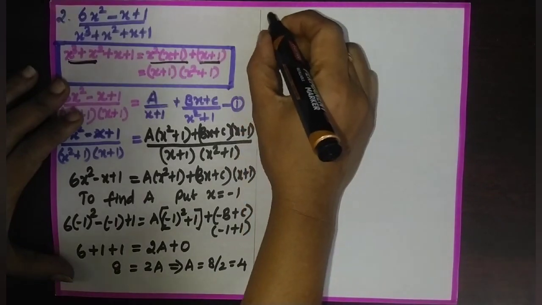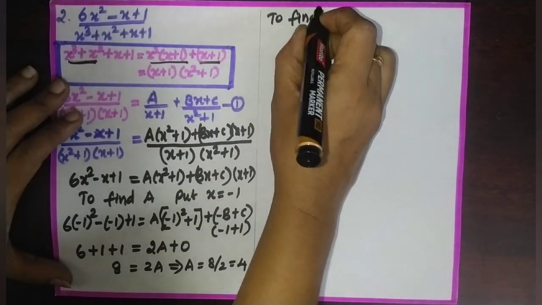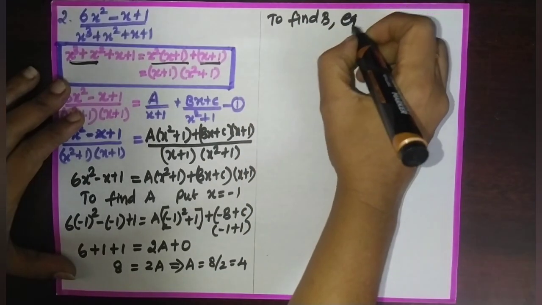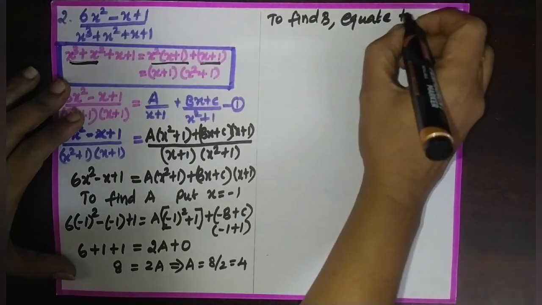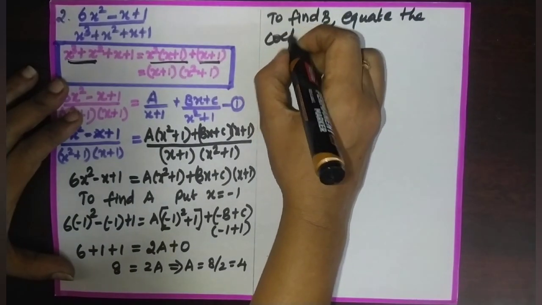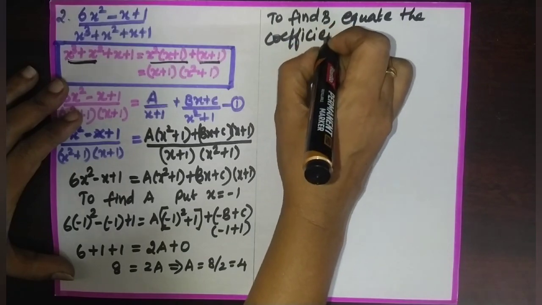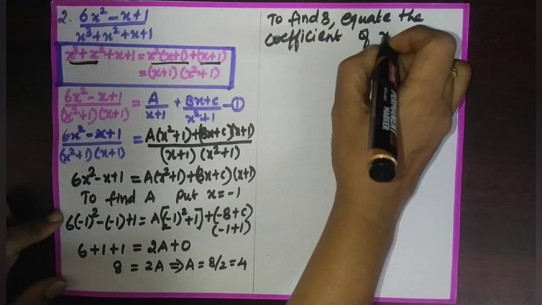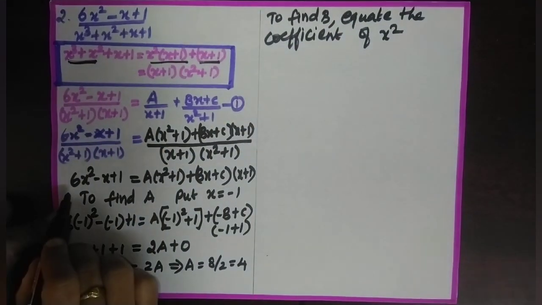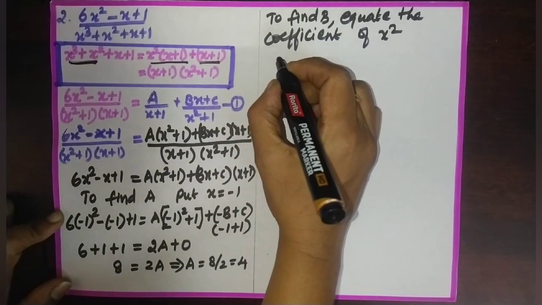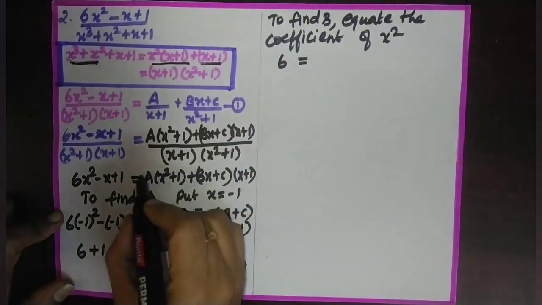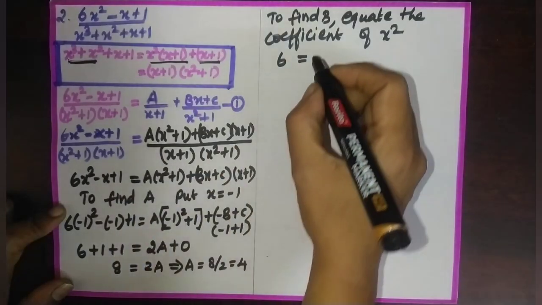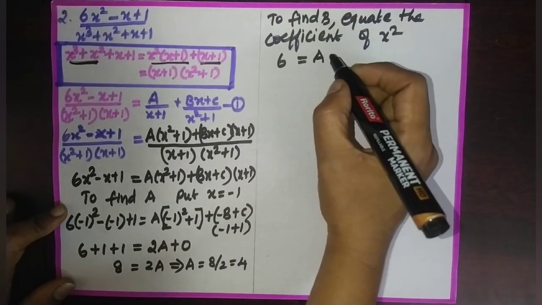Next, to find b. Equate the coefficient of x square. The coefficient of x square in the left hand side is 6, which is equal to a into x square is a, that is coefficient of x square is a.